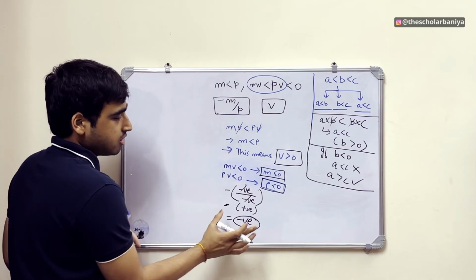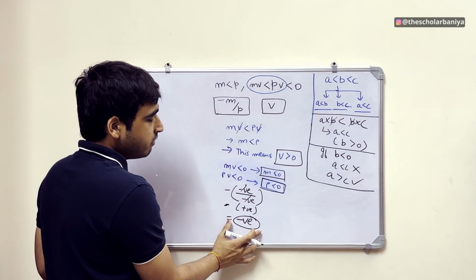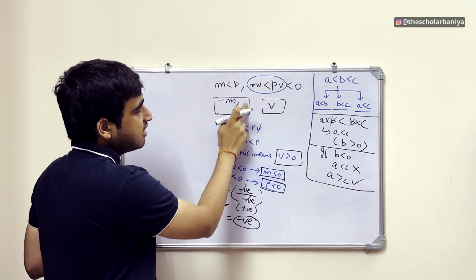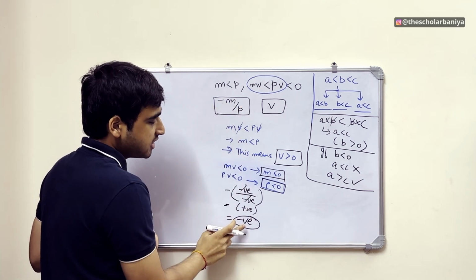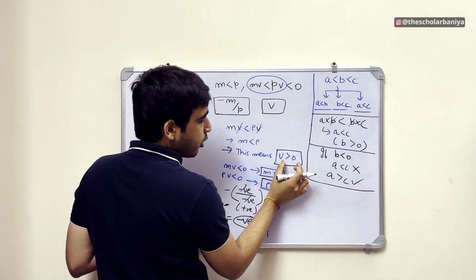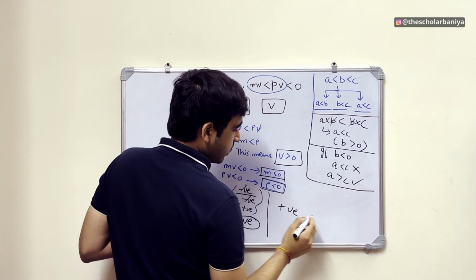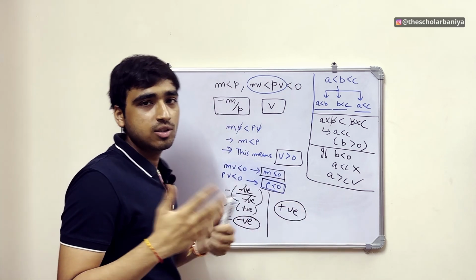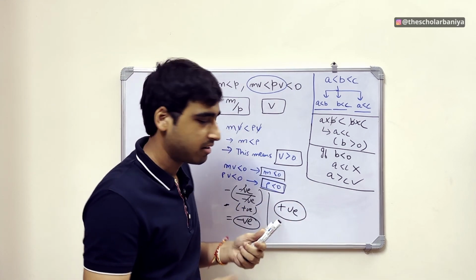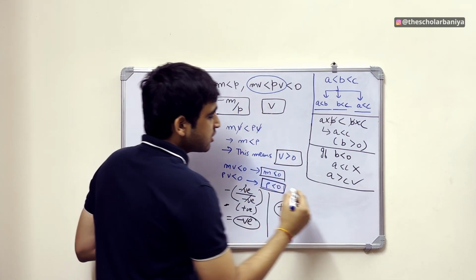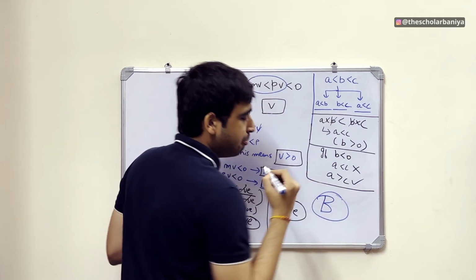So this overall term will be negative, because m was negative, p was negative, negative negative cancel and this is positive, into negative, so this is negative. What about v? v is positive, which is given. So one side is positive, the other side is negative, so it's obvious that v is greater and minus m by p is smaller. So the answer is B.